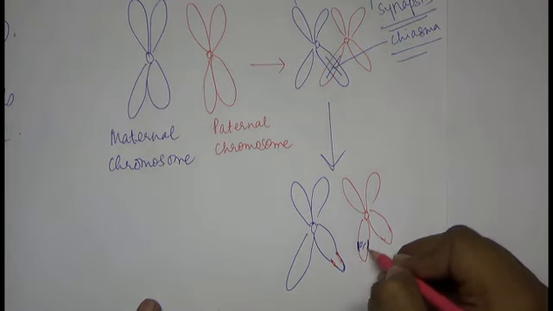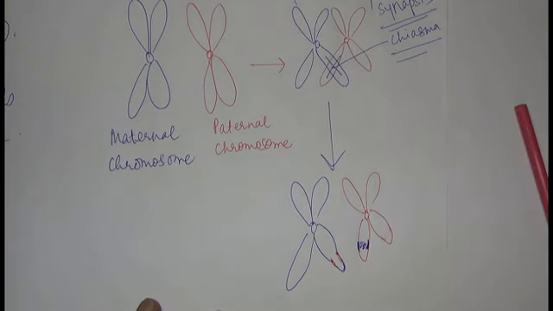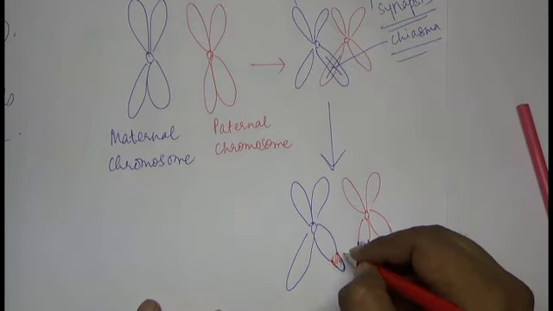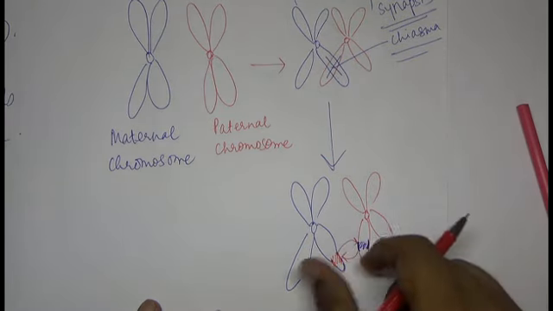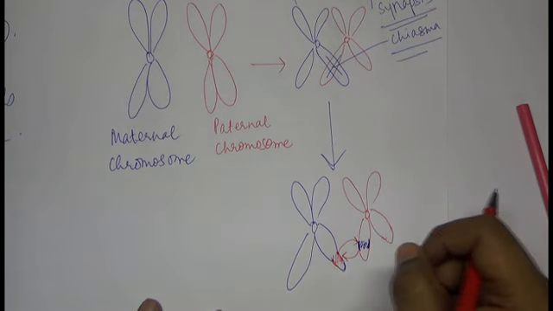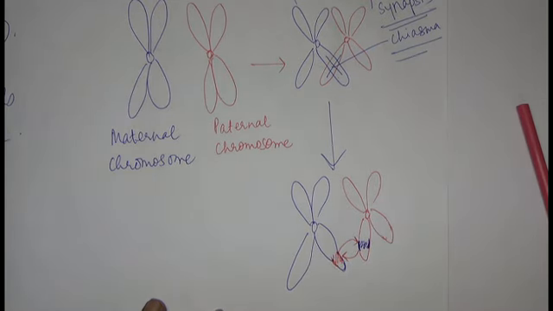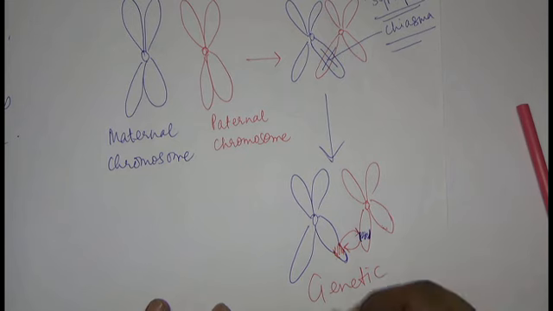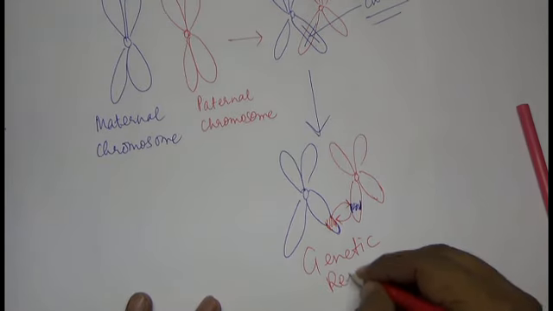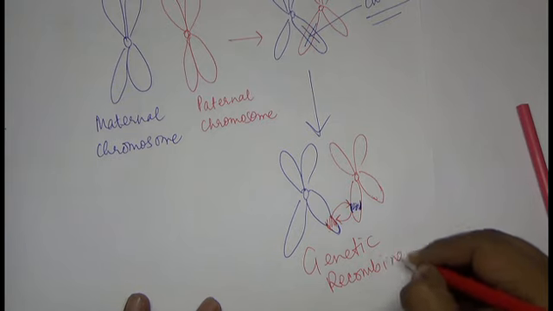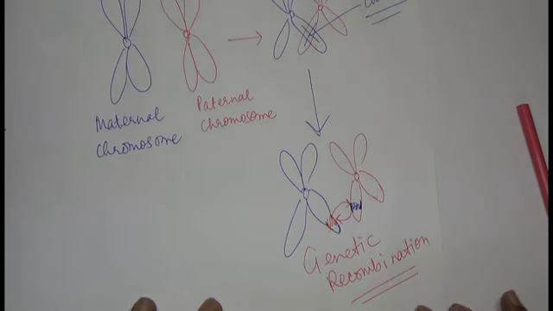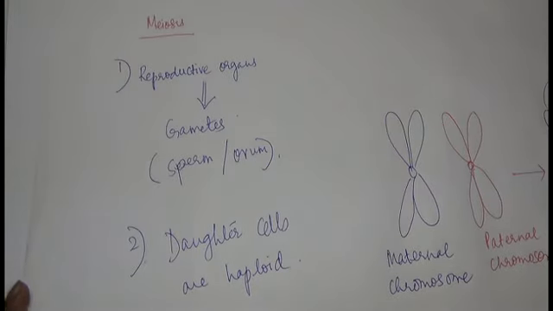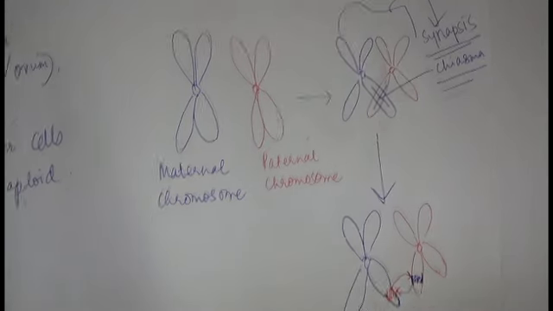It's containing a blue region from the maternal and it's containing a red region from the paternal. So basically the DNA of these two have been interchanged with each other. Clear? This is called cross joining, which leads to genetic recombination. Clear? This is very important in case of meiosis. One very important point in meiosis.